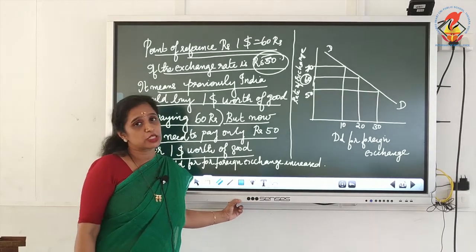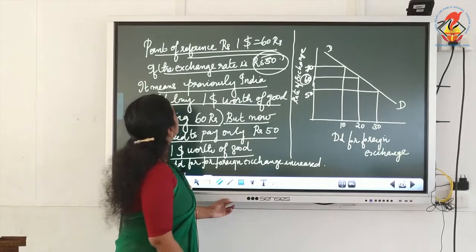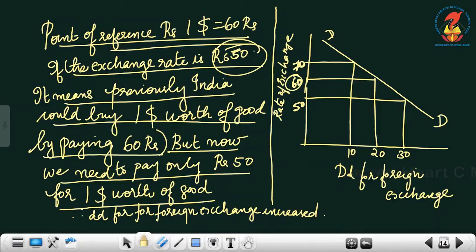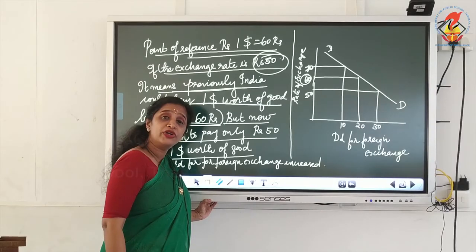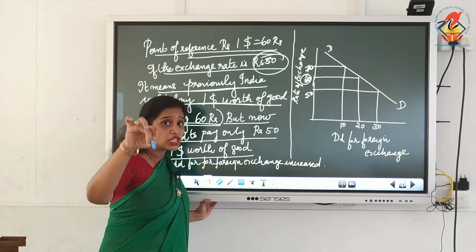So, just to see the explanation once again. When the value of the dollar has decreased from rupees 60 to rupees 50 as per the Indian currency, it means that previously India could buy $1 worth of good by paying rupees 60. So how many rupees did India need to pay for buying $1 worth of good previously? 60 rupees.